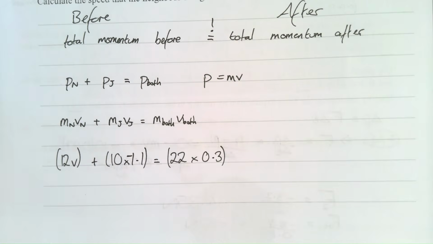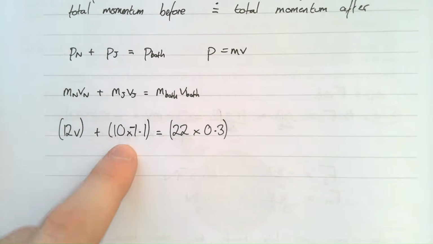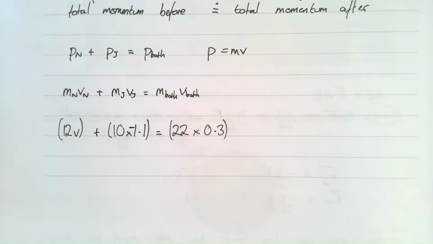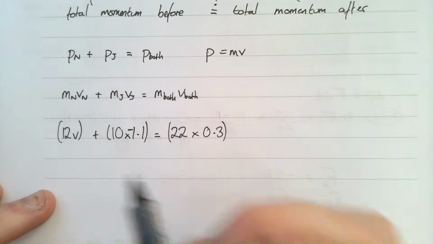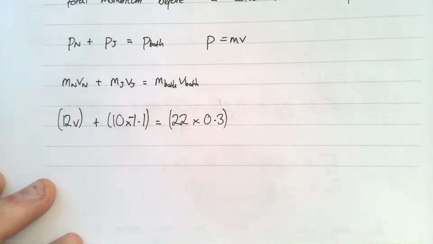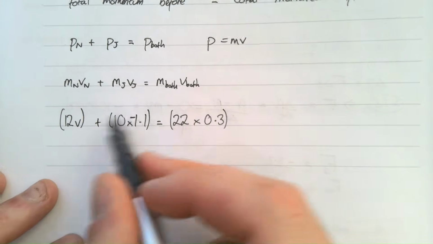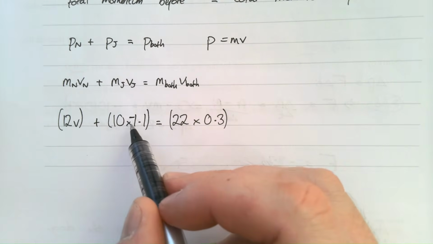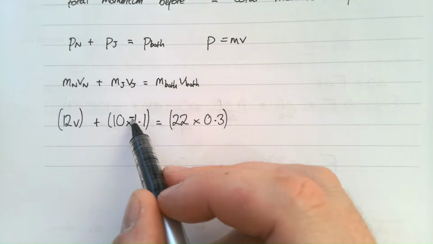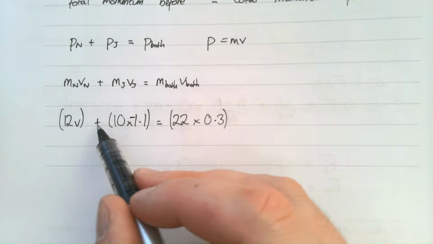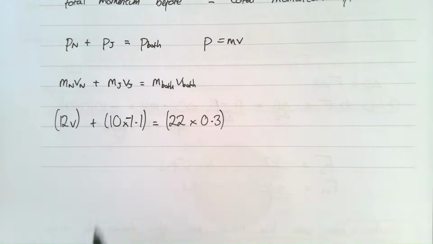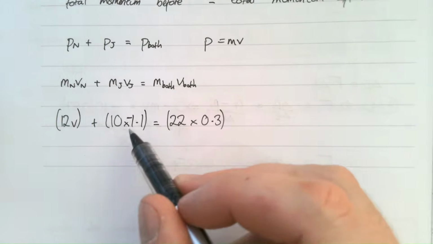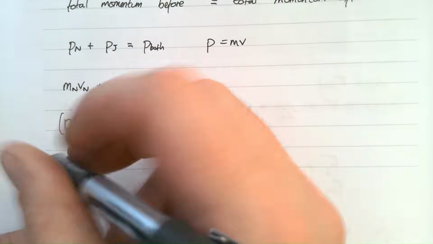Now it's up to you which order you do this, whether you calculate these brackets individually, or you rearrange them. I'm going to rearrange them to begin with, because that's just the way I like to do it. So I want to get rid of this whole thing. Now, because there's a minus inside it, effectively this becomes a negative. Therefore, we're going to add this bracket to the other side, or add 11 if you've multiplied it out.